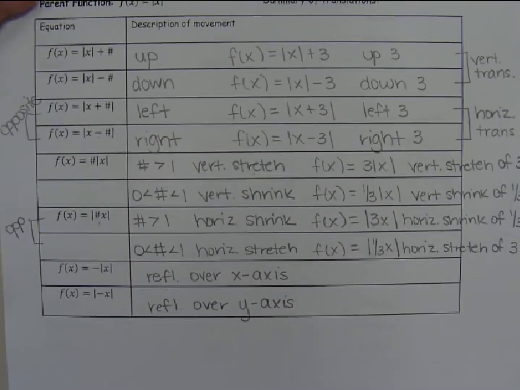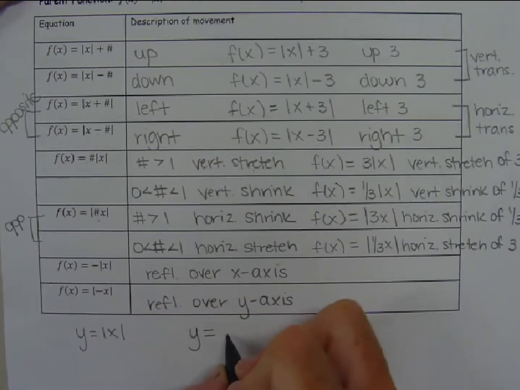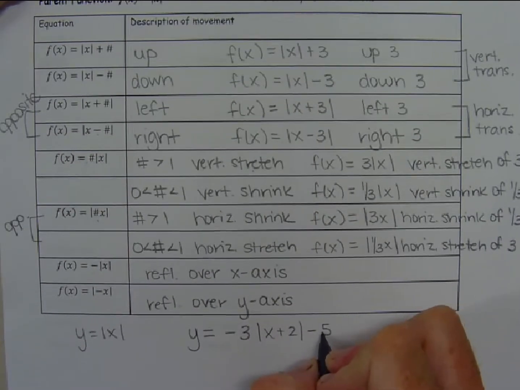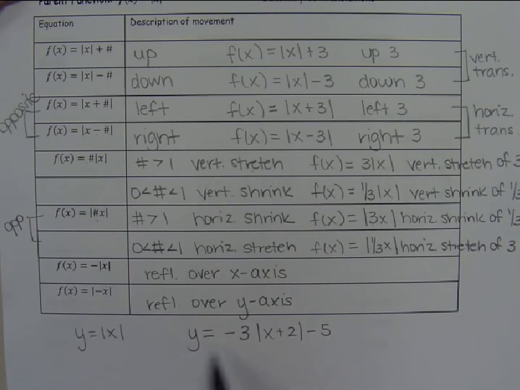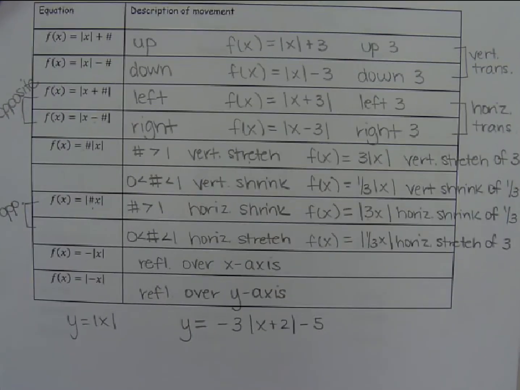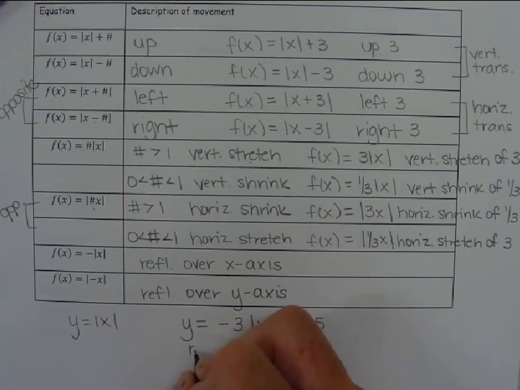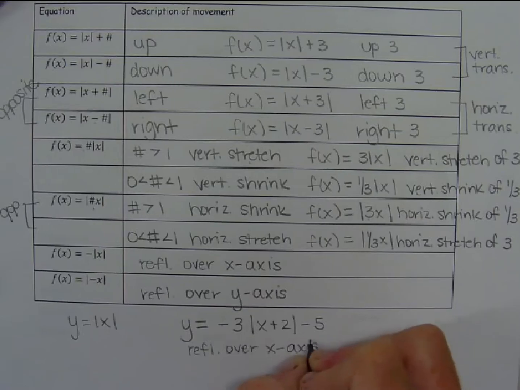So just for practice, an example of a problem might look like something like this. You would have to tell me what has happened to your absolute value function with all of these different pieces to it. So what you would do first is you come across a negative. The negative is out front, so we know that it is a reflection over the x-axis.